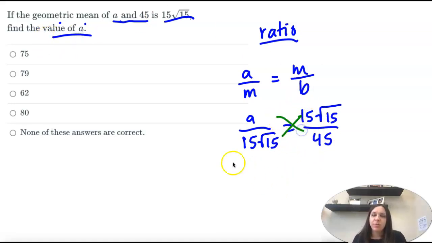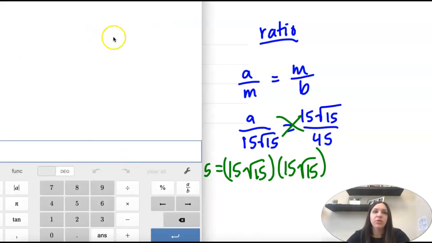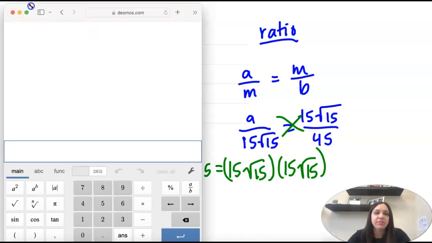So now we cross multiply, so A times 45, and then we have 15 square roots of 15 times 15 square roots of 15. So that might look kind of scary, but when you put square roots in a calculator, they actually cancel each other out.